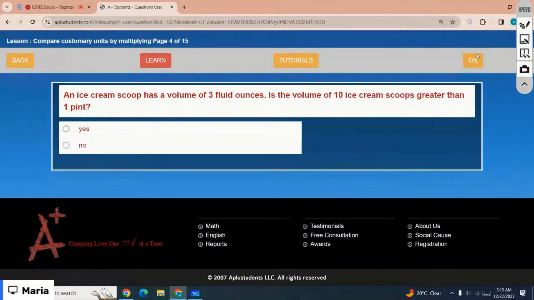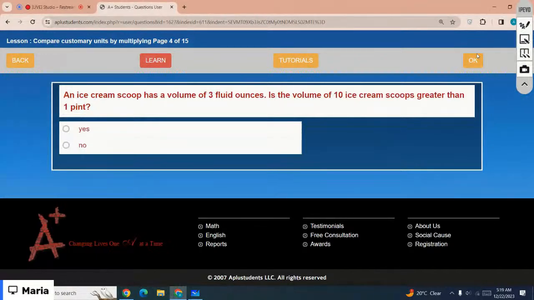An ice cream scoop has a volume of 3 fluid ounces, right? Is the volume of 10 ice cream scoops greater than 1 pint?